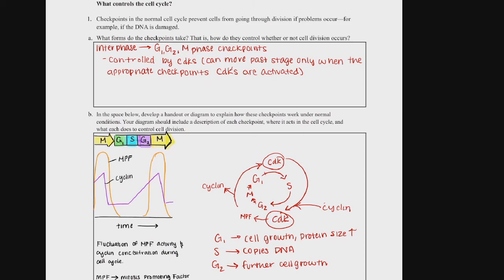Cyclin and CDKs work together to drive a cell into cycle transition.